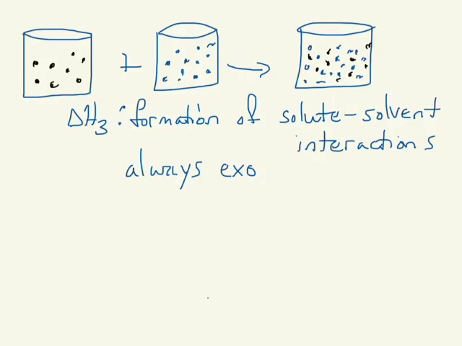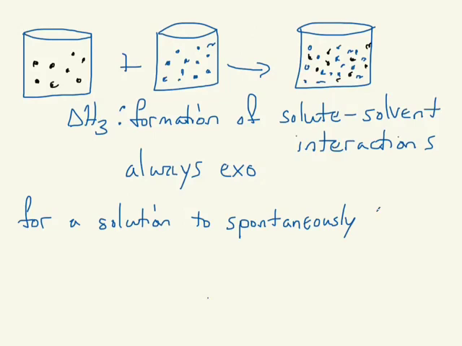So if you look at the signs of these delta H values, for a solution to spontaneously form, we've seen that word before, delta H of the solution must be exothermic, meaning it has to be negative.